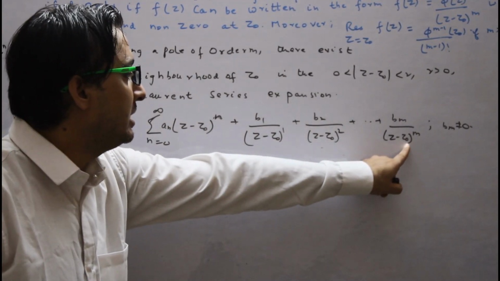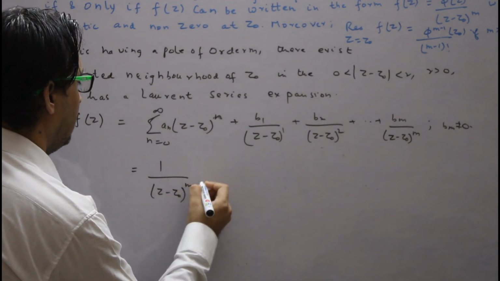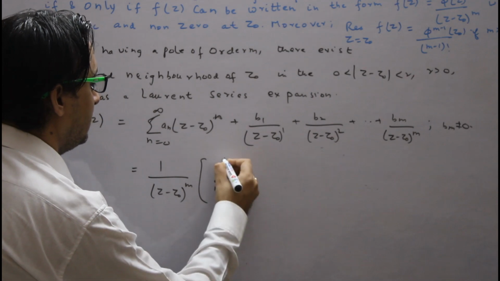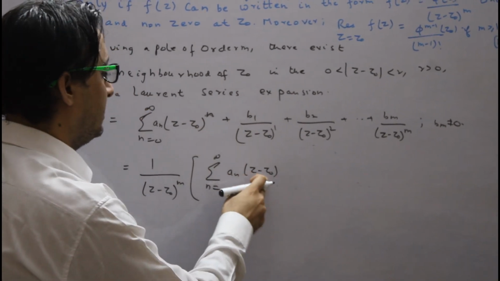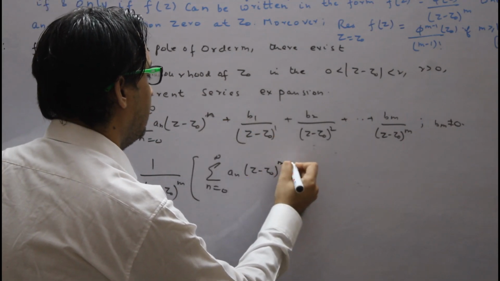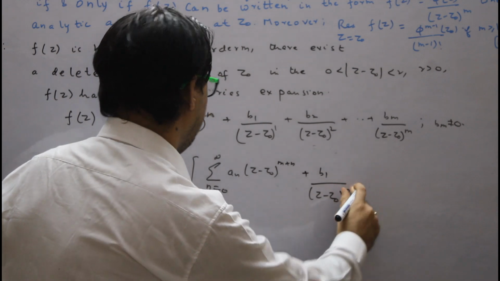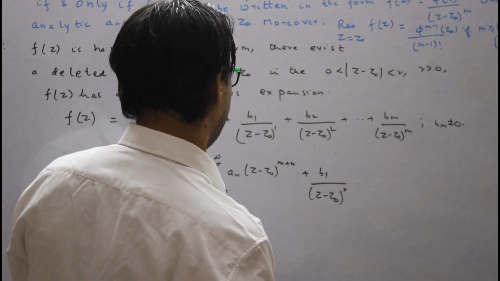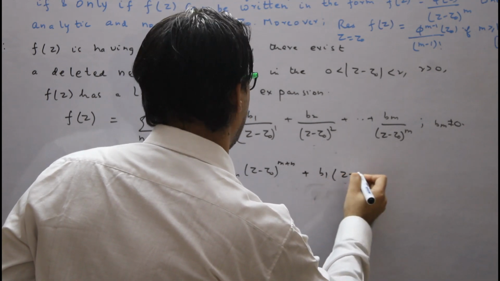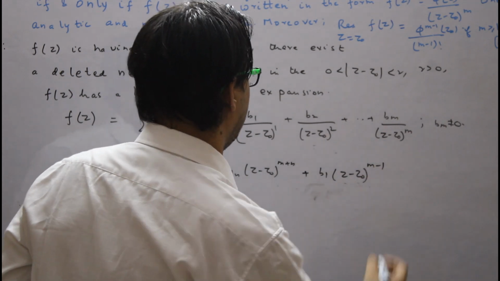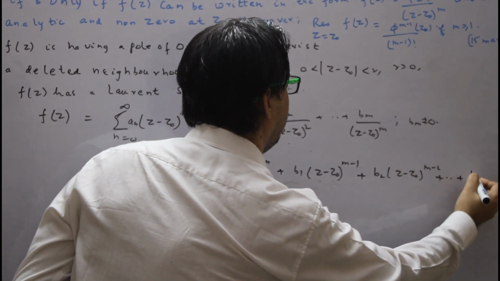So if I take (z - z0)^m outside as common, this can be written as 1/(z - z0)^m times the summation of n equal to 0 to infinity a_n (z - z0)^(m+n), since the indices get added, plus b1 (z - z0)^(m-1) + b2 (z - z0)^(m-2) till bm.